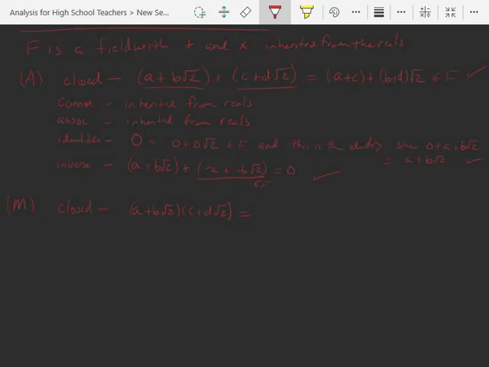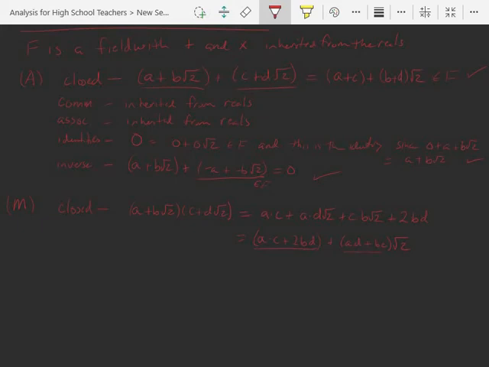Well, if I FOIL this, I get a times c plus a times d square roots of 2 plus c times b square roots of 2 plus I get b times d times the square root of 2 times the square root of 2, or 2bd, which is a times c plus 2bd, rearranging things, plus ad plus bc square roots of 2.